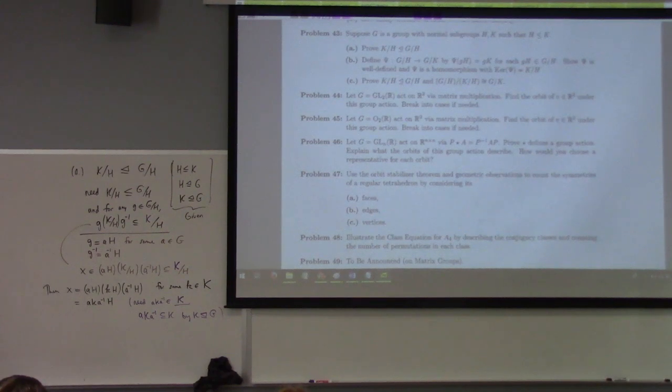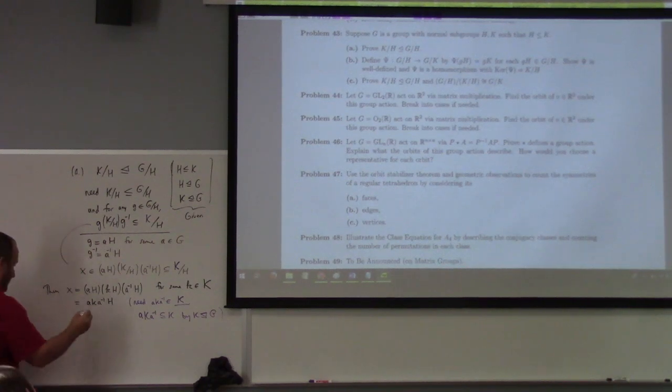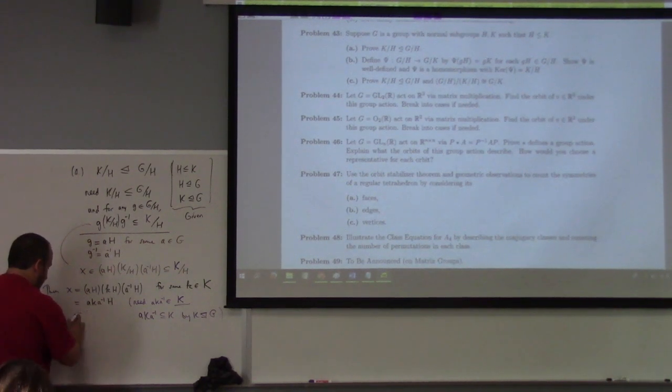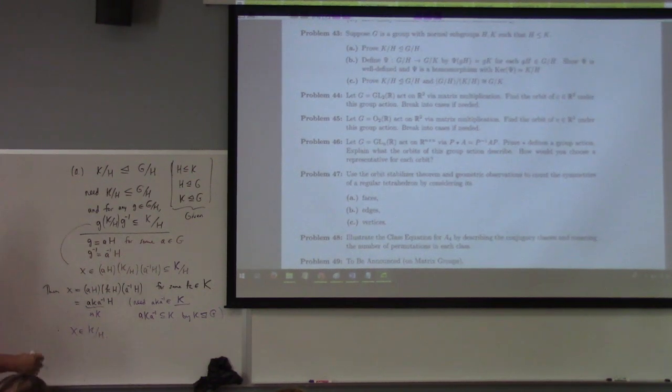Therefore, A K A inverse is already in K because K is normal, which means that when you conjugate elements in K by group multiplication, you're again in the subgroup. Normal subgroups are closed under conjugation by the supergroup in which they live. So this is in K. So therefore, X is an element of K mod H, and so we have normality of K mod H in G mod H.